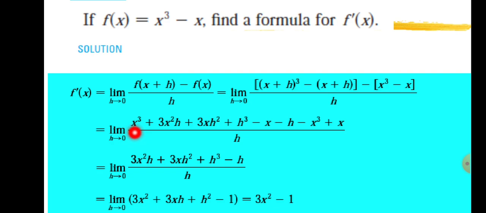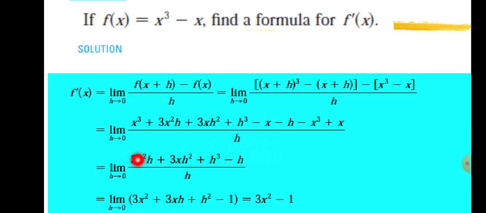So we have here x power 3 plus 3x squared h plus 3x h squared plus h power 3, minus x minus h, minus x power 3 plus x, over h. Simplify this expression, so we have 3x squared h plus 3x h squared plus h power 3 minus h.